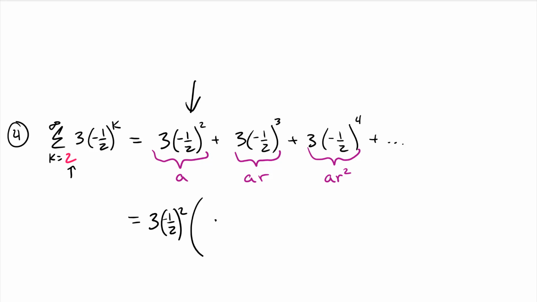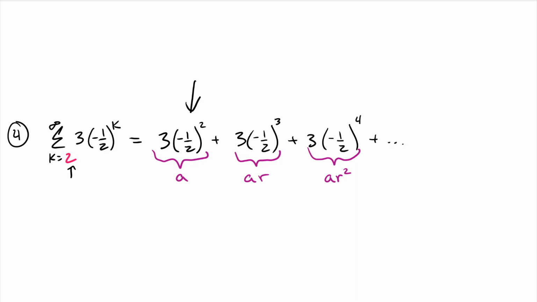And now we have 1 plus... Hold on, I think it got a little weird there. Wait a second, we don't have to do any of that. I don't have to get crazy.